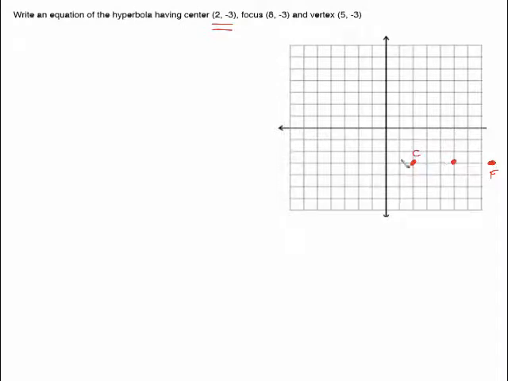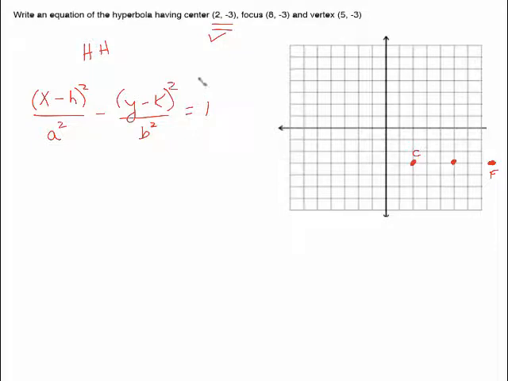Because these are all lined up horizontally, this tells me that this is a horizontal hyperbola. And because I have a center that's not (0, 0), I know I'm looking at (x - h) quantity squared over a squared minus (y - k) quantity squared over b squared equals 1.